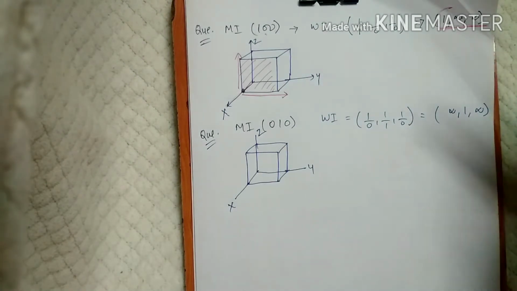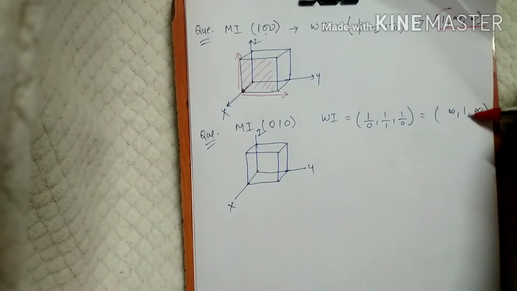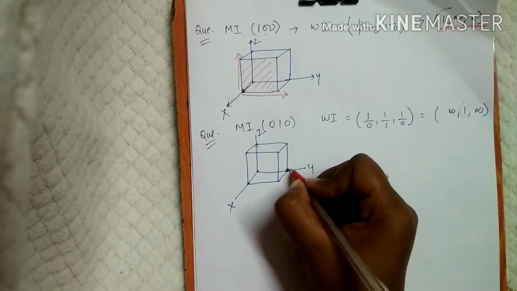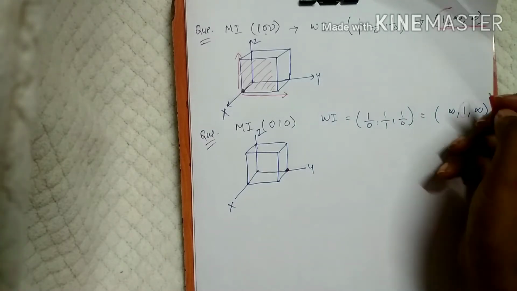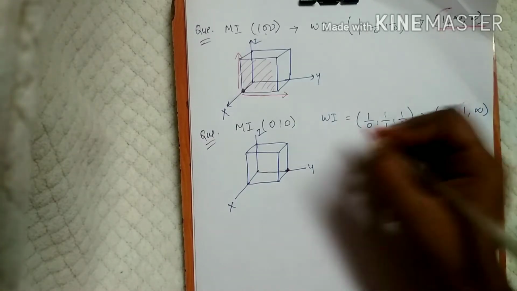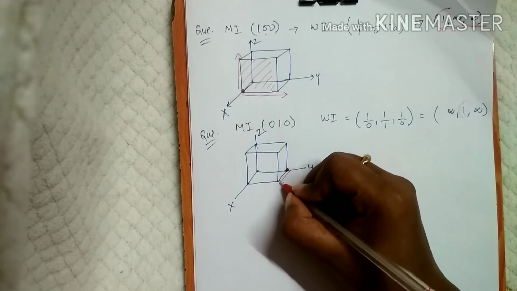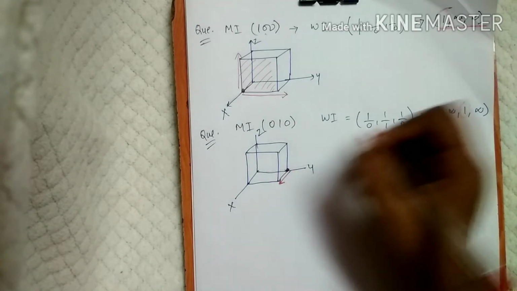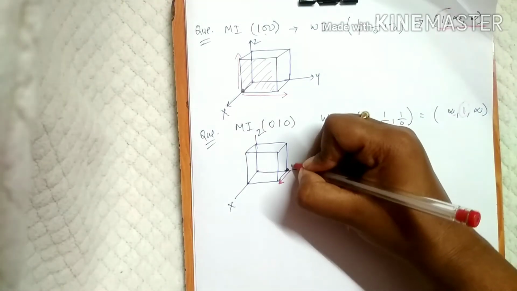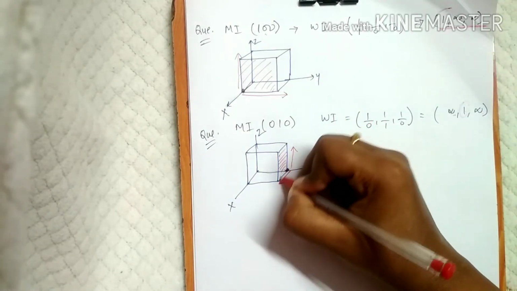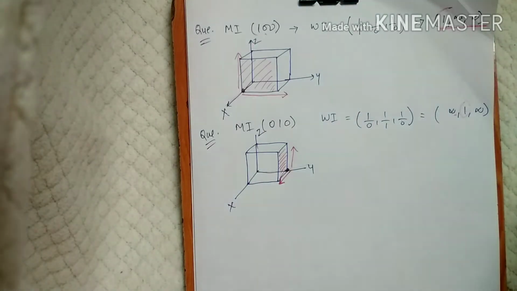So find out the finite value. 1 is the finite value along the y-axis. So along the y-axis, distance 1, this is the point. Now along the x-axis you have to go to infinity, so along this axis you have to go to infinity, and along the z-axis you have to go to infinity. So which plane are you getting? This one.